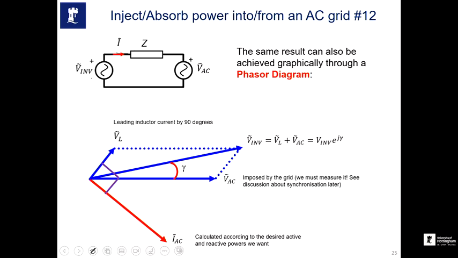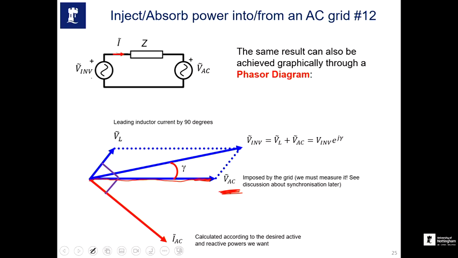So this analysis can also be done using a phasor diagram, which is shown in here. If you want to draw this phasor diagram, the first thing you need to draw is the VAC, because VAC angle is 0. Okay, so you can draw this line. I'm just redrawing on top of it. Once you draw the VAC, the next thing you need to draw is the IAC.